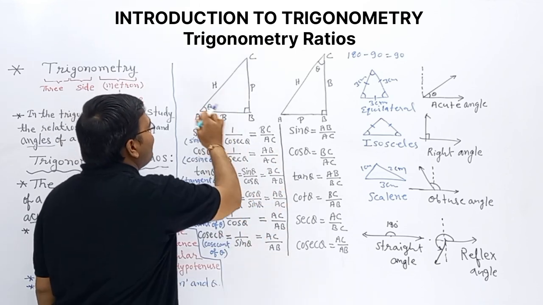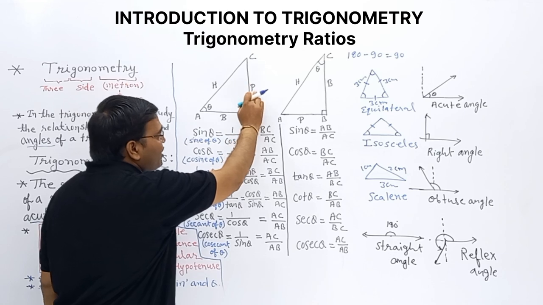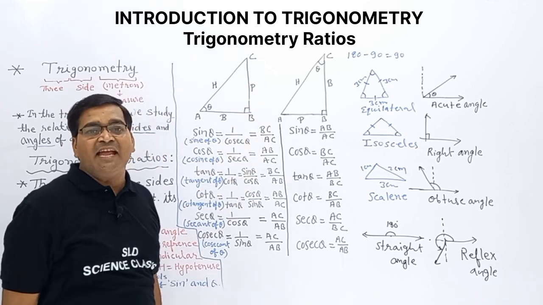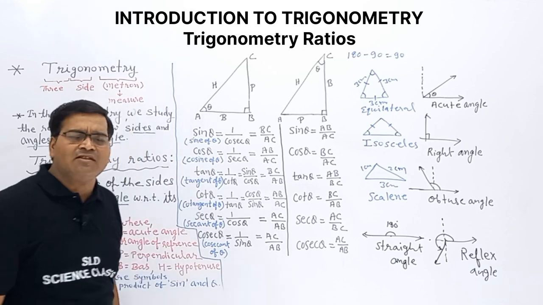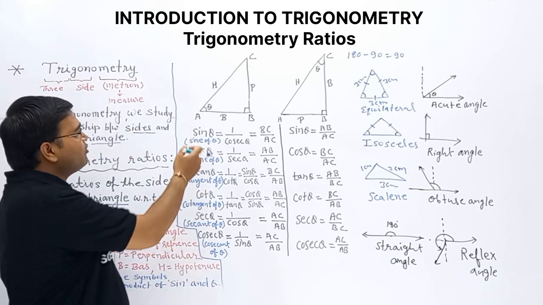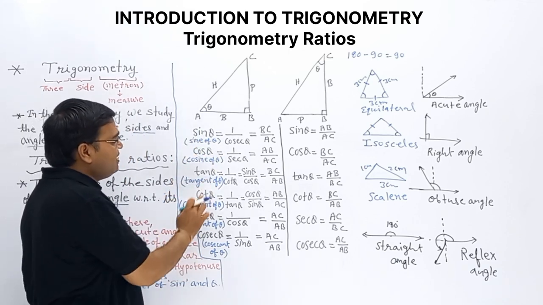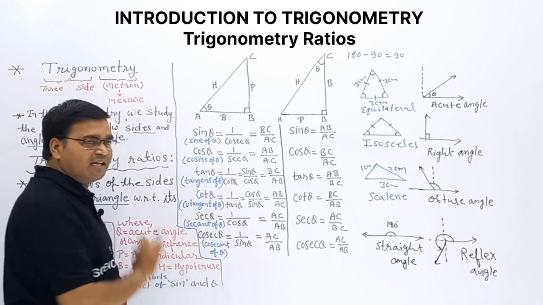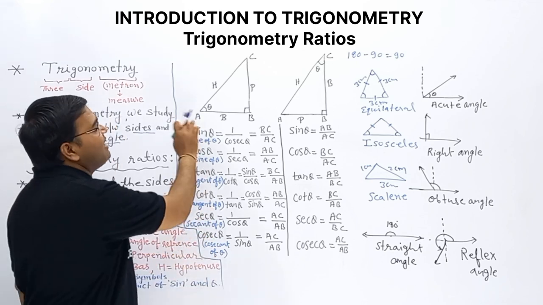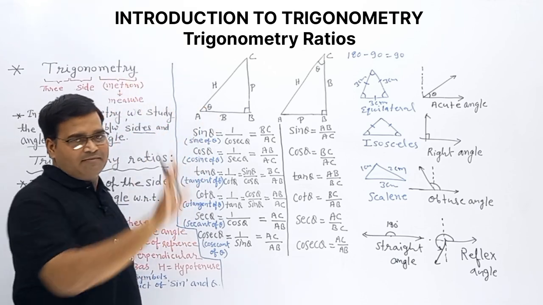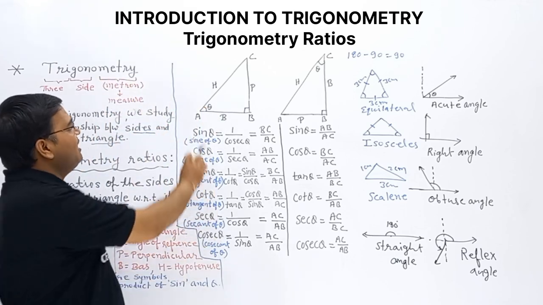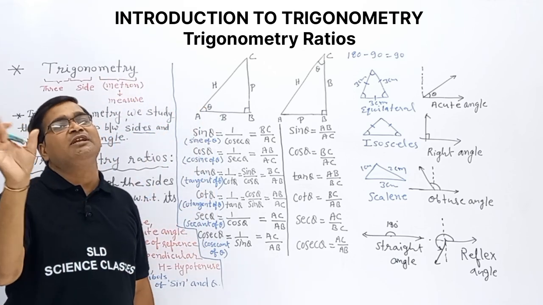So in this diagram the perpendicular is this one. Why? We have acute angle A. A is an acute angle. But we can also say sin A, cos A, tangent A, cot A, sec A, cosec A. We are using A as an acute angle. But I am using theta. No problem. You can use A also in place of theta.